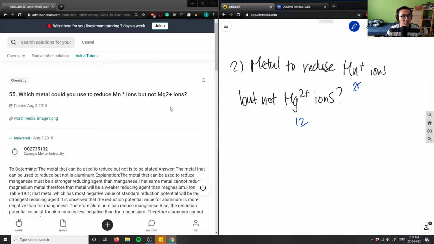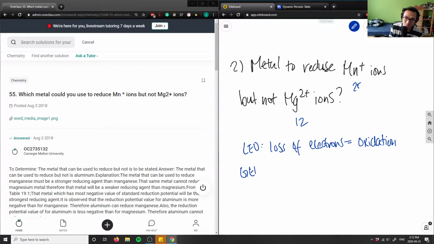When we're talking about reduction, remember oxidation is loss of electrons, and reduction is gain of electrons, right? I use the acronym LEO for loss of electrons equals oxidation.